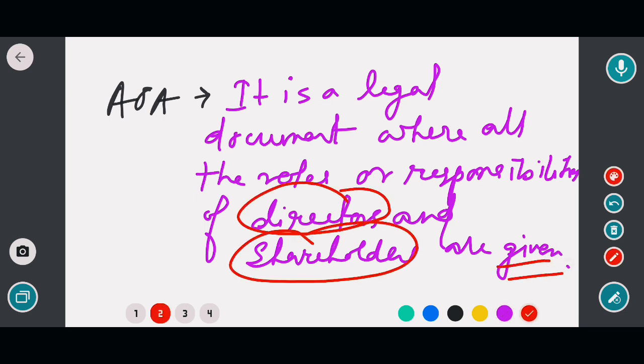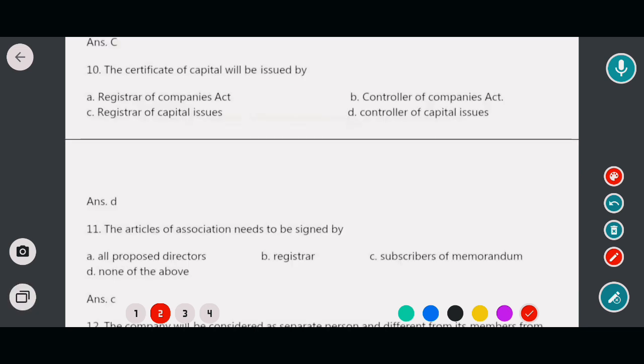So this is called articles of association. Okay, so in this case the correct option would be option C. Okay, so now on to next question.